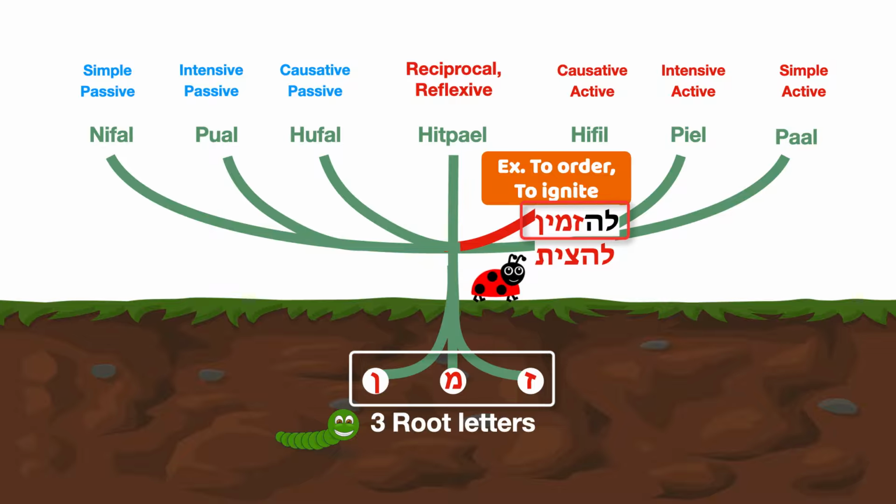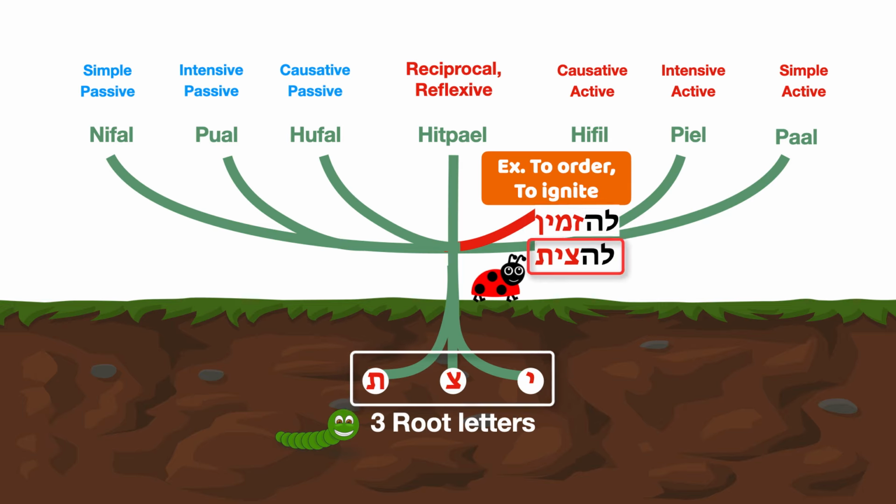Let's see our first Hephil example. The root letters here are זין מם נון סופית. So let's add the prefix leha to form the verb, להזמין. That means to order.